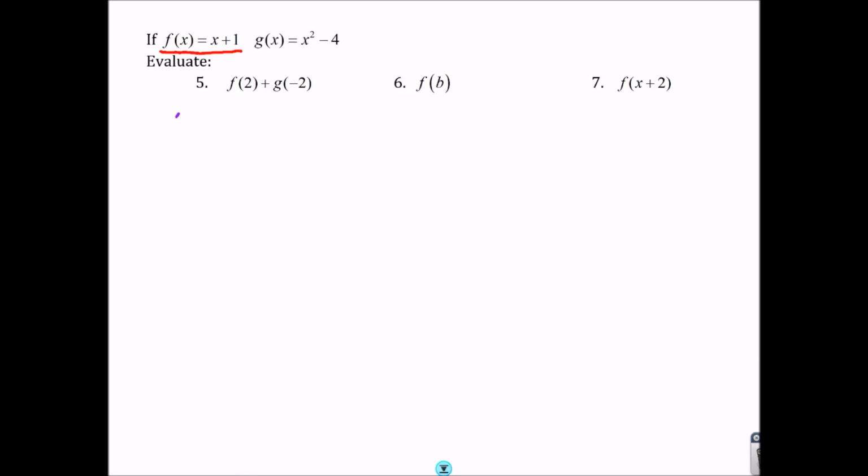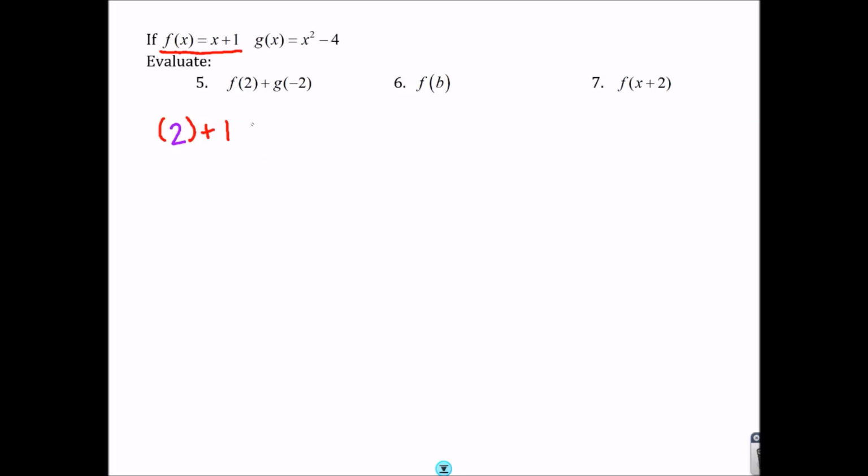So we have 2 plus 1. So we're going to take 2 and plug that in for x.